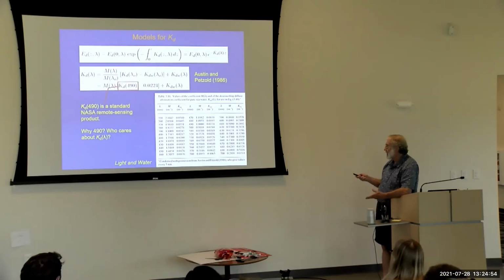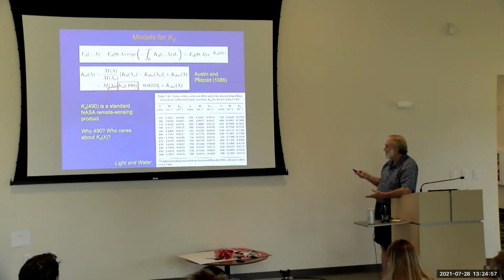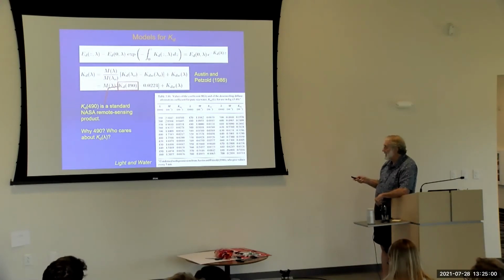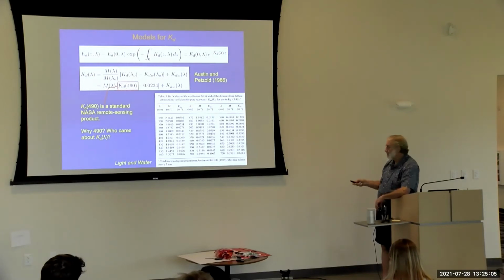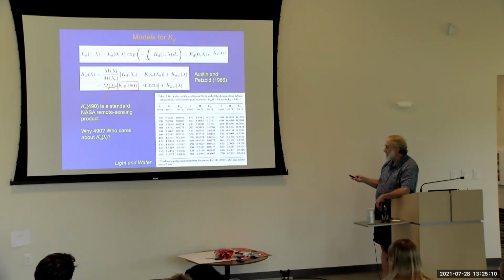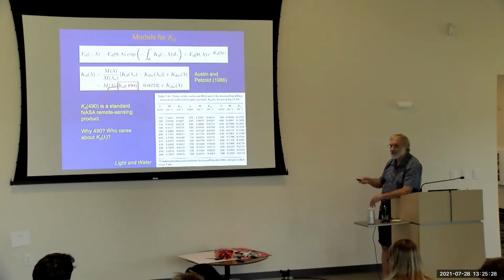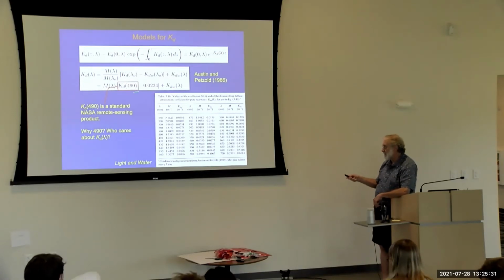One of the first models for KD, by Austin and Petzold back in the 80s, is a little formula, and this is just a bunch of best fits to data, that KD at any wavelength, you could determine if you measured KD at 490, and then they have these tabulated factors, the M here and a KD for water term, and you can go look those up and plug them in here. And if you measure KD at 490, but you'd like to know KD at 440 or 650 or whatever, you can get it from this little formula.